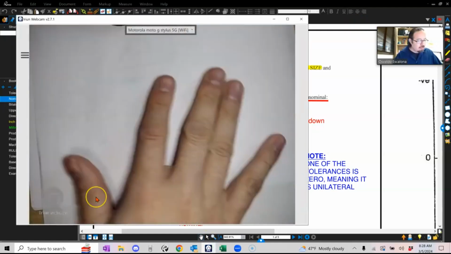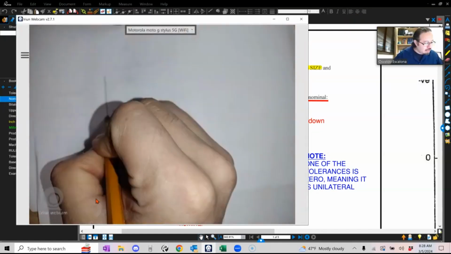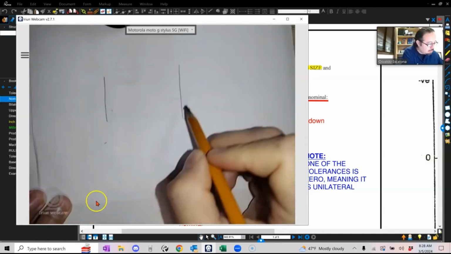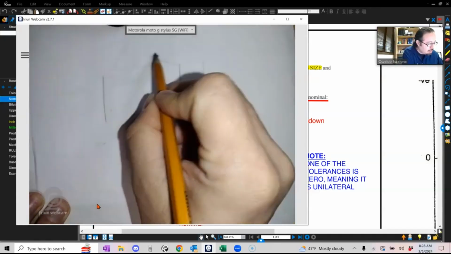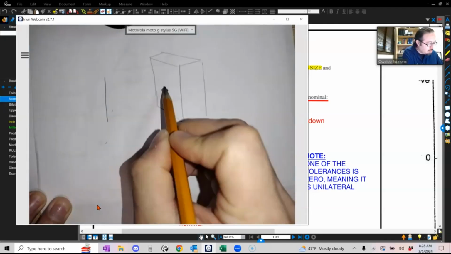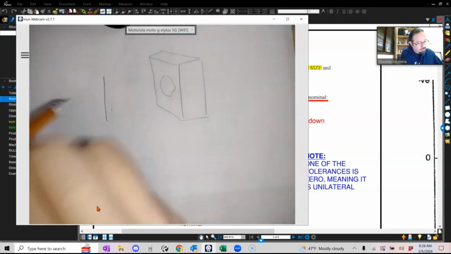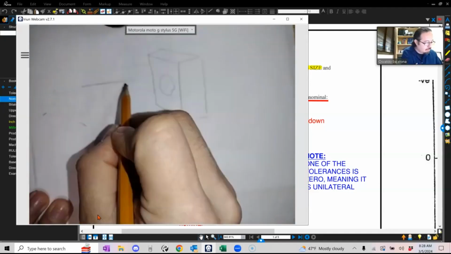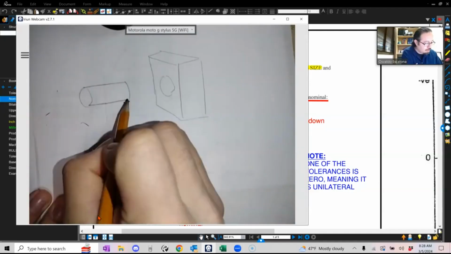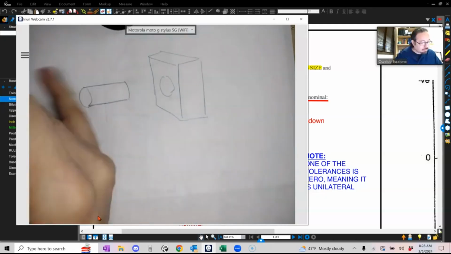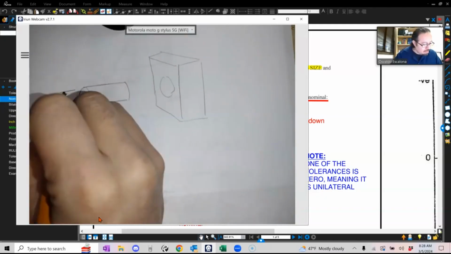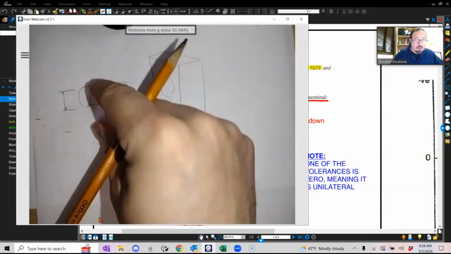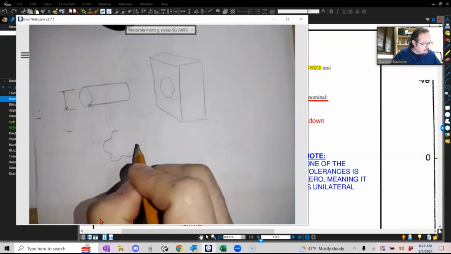Okay, so that means that if I tell you, hey, you know what, you have a hole. I'm going to make this kind of three-dimensionally. You have a hole, and then you have a pin that's going to go inside of it. And let's say that I went and measured this pin, and again I had a range because I went with the caliper, and my pin in reality will be like this, right?